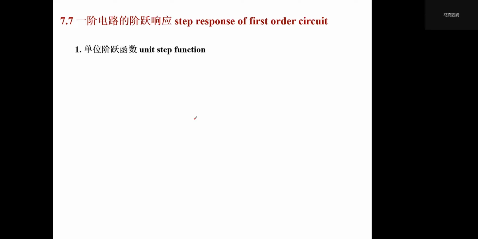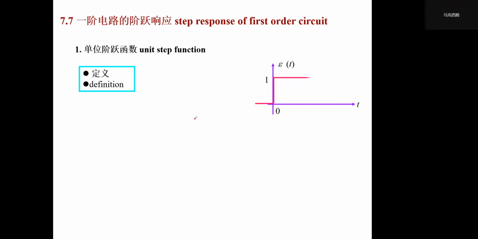Unit step function. The definition is very simple. We put a value of 1 step signal into it, so it's a unit step function.